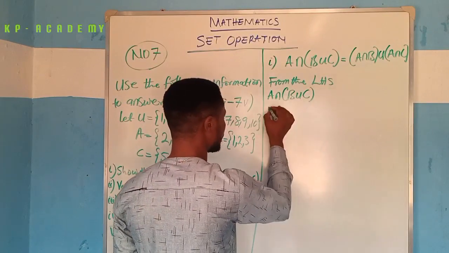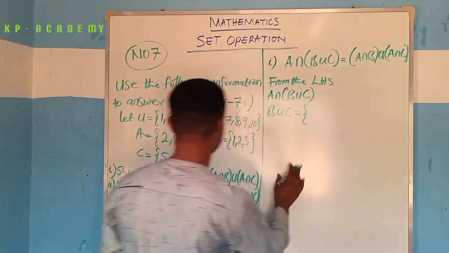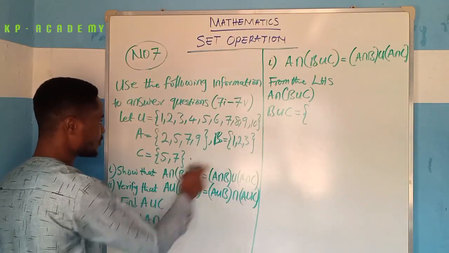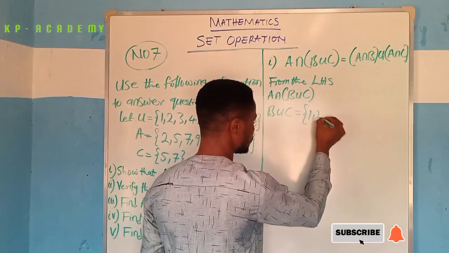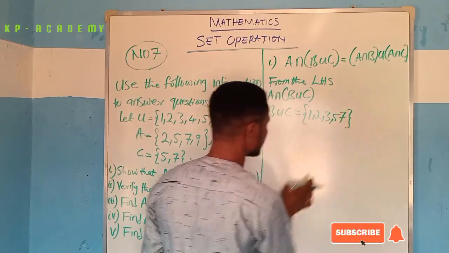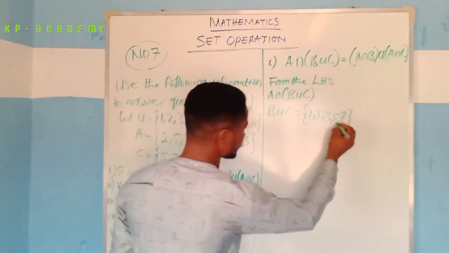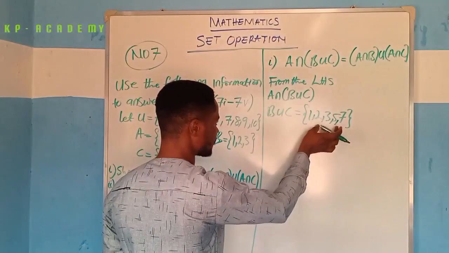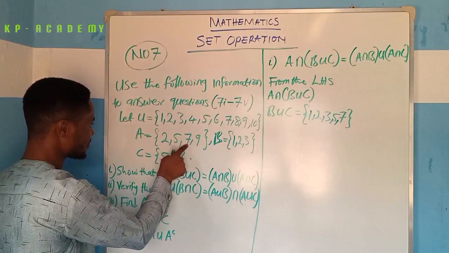First, let us look for B union C. Set B is this, set C is this. The union of these two sets is nothing but 1, 2, 3, 5, 7. So this is B union C. Now let us look for the intersection of this and A. Set A is 2, 5, 7, and 9.